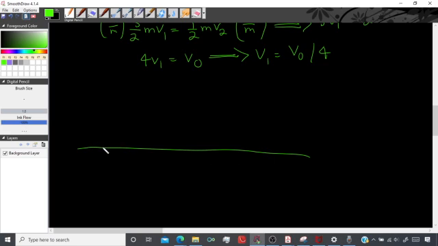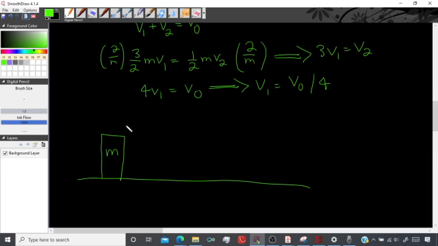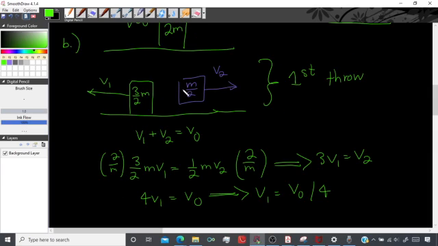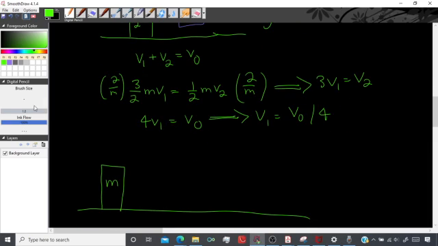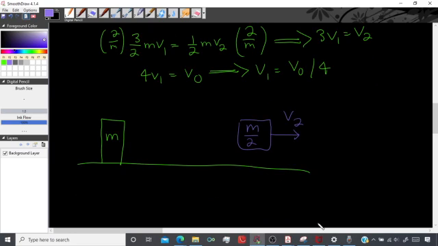So for a second throw, now we have mass m, and by we I mean me and the crate. And then the first half of the block that I threw, once again, has a mass of m over 2 and has speed of v sub 2, since the ice is frictionless, so it couldn't have slowed down.